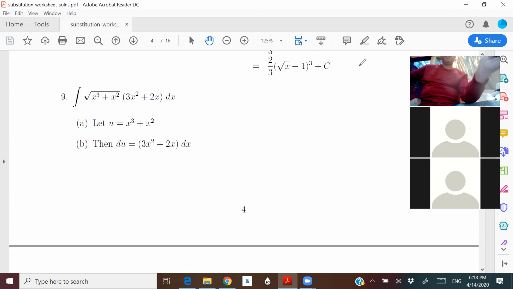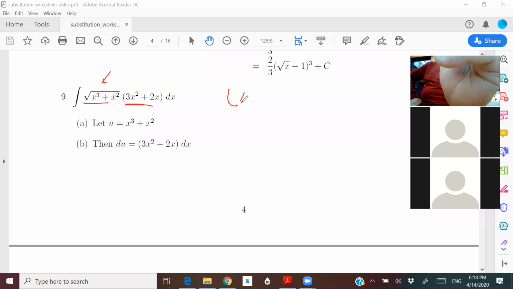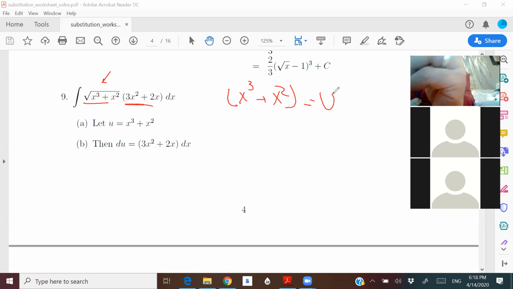One extra skill. Here we have a product of two functions. Which one do I have to replace? The one that is raised to the power. This one is raised to the power half. So I have to replace x cubed plus x squared by u.